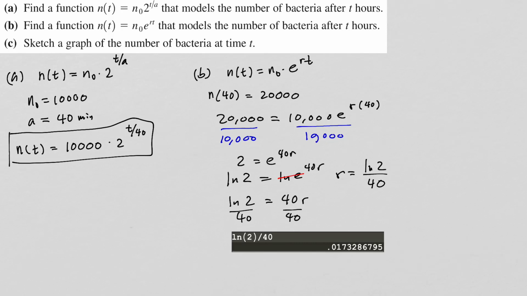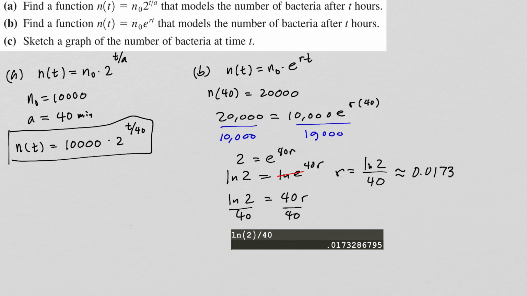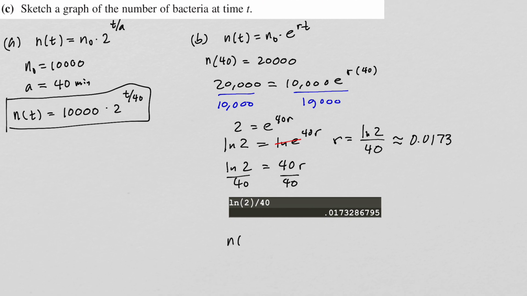And we can see that this gives us approximately 0.0173. So our model here will be N of T is equal to 10,000 times E to the power R times T, and R is this value, 0.0173 times T.